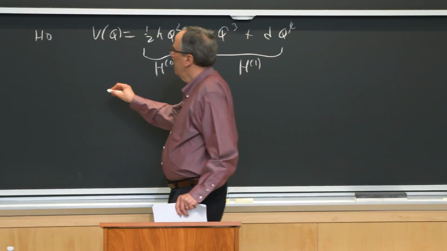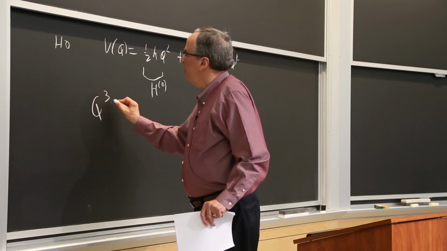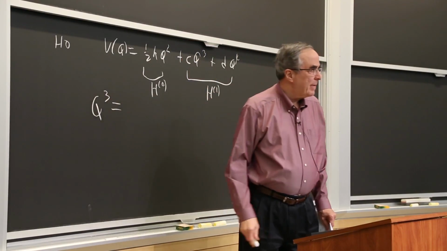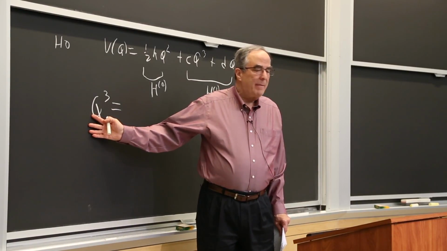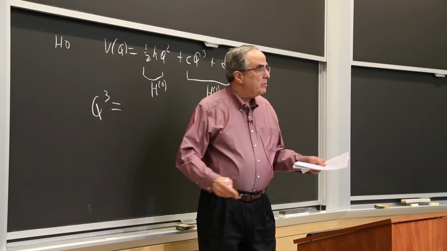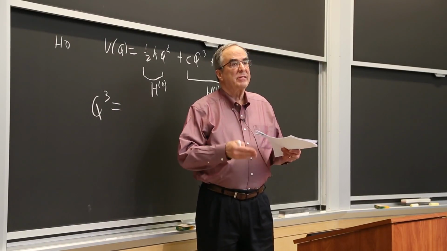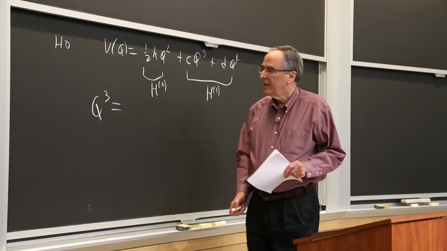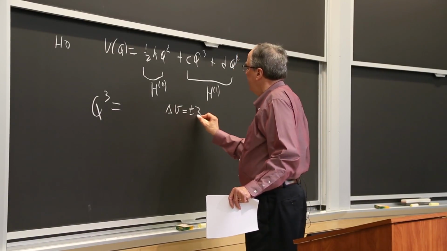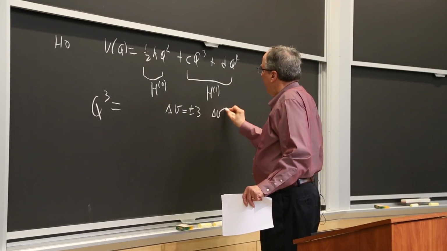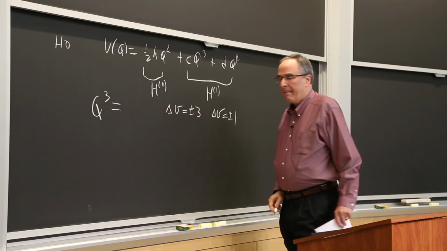So, the q cubed term: there are no diagonal elements of the q cubed term. And so we're always going to be talking about the second order corrections to the energy. The selection rules are delta v equals plus and minus 3 and plus and minus 1.